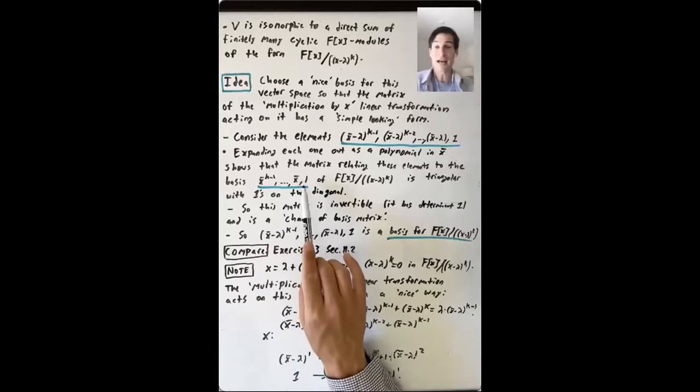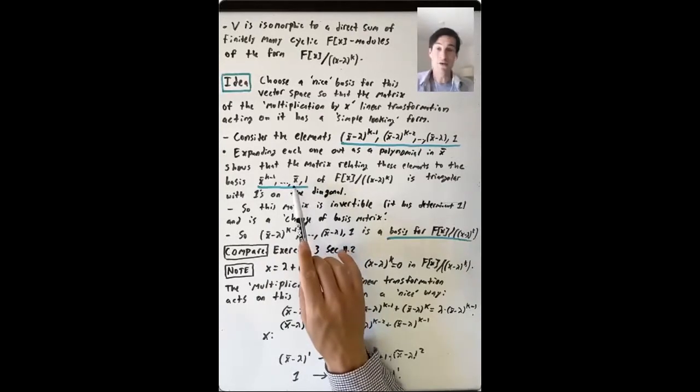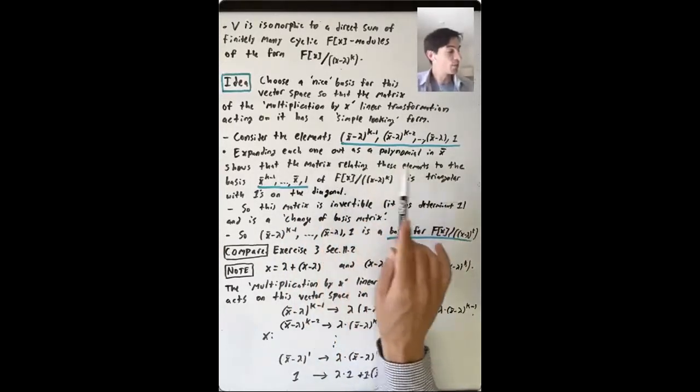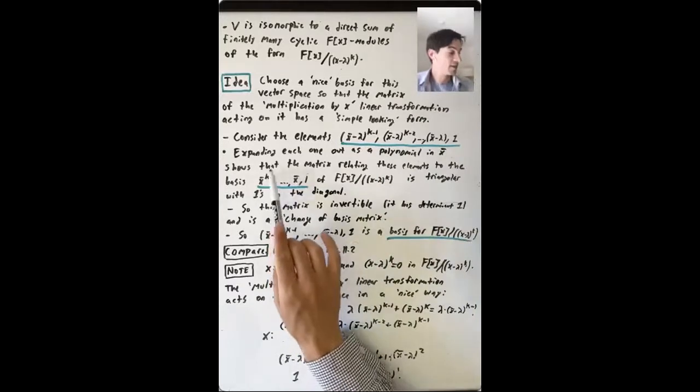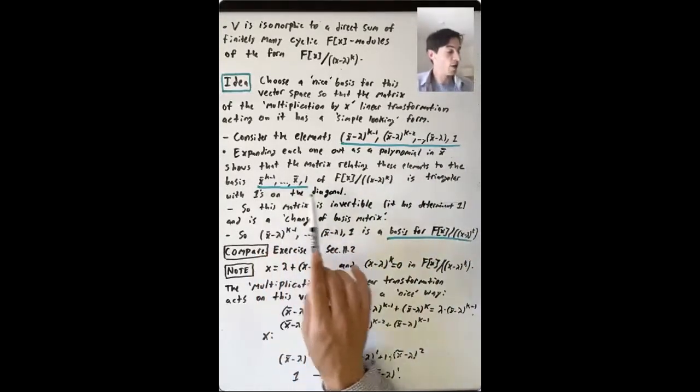You can use that F-linear combination to write down the coordinates as a column vector, where you take which elements of F give you this particular linear combination. And you can use those to make the columns of a matrix. That is going to be the matrix relating these elements to this basis. So this is a triangular matrix with ones along the diagonal.